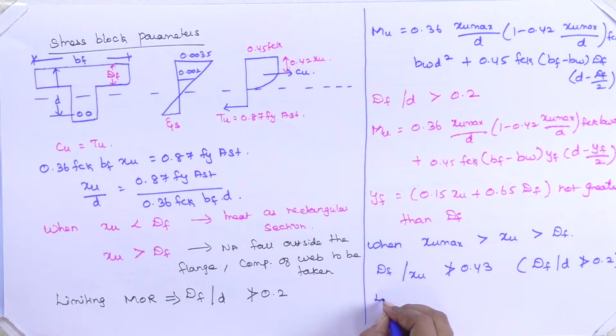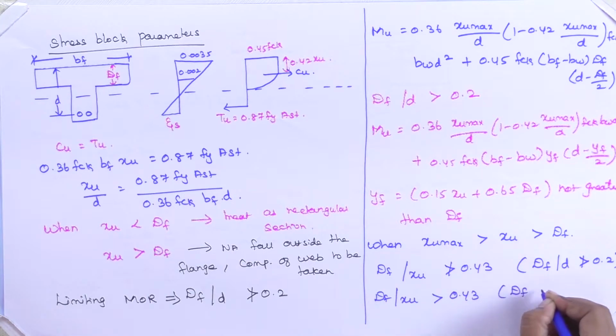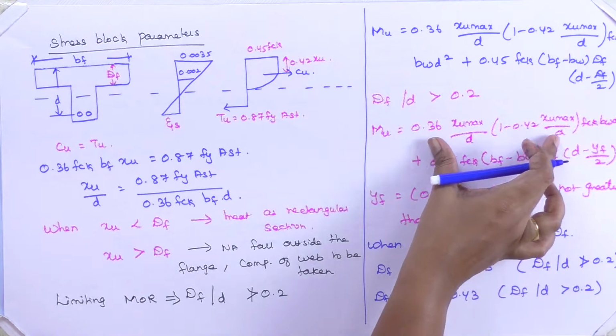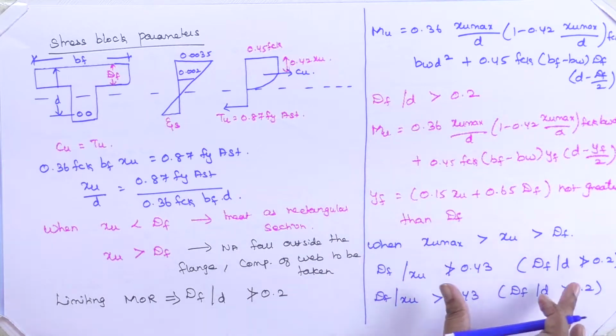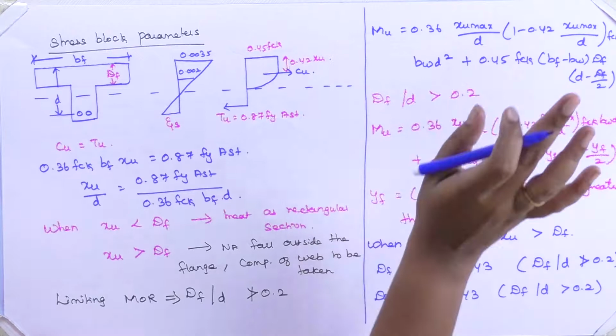Then when DF by XU is greater than 0.43, I can go for DF by D greater than 0.2. This condition will be adopted as long as this condition persists.